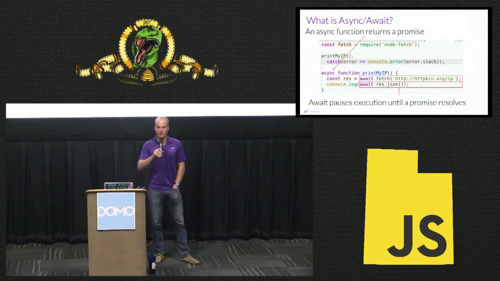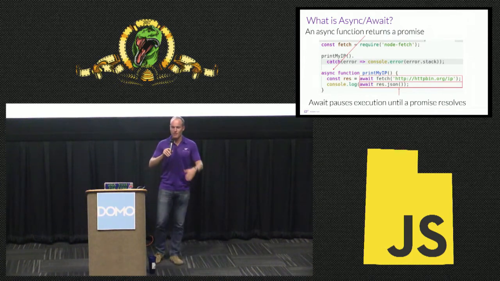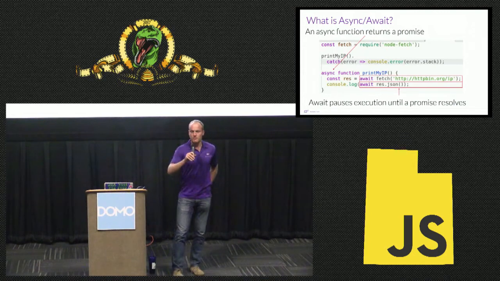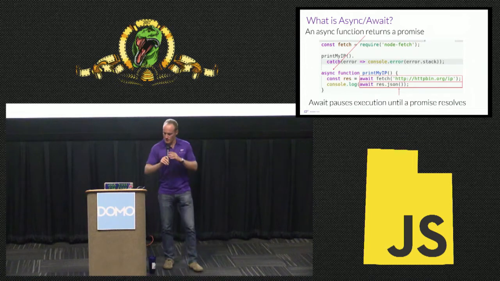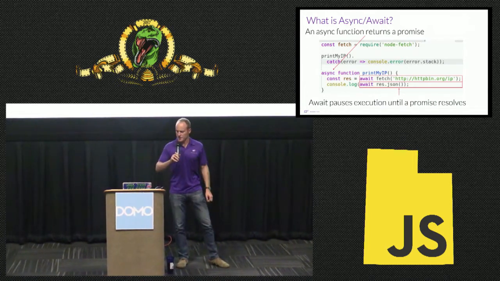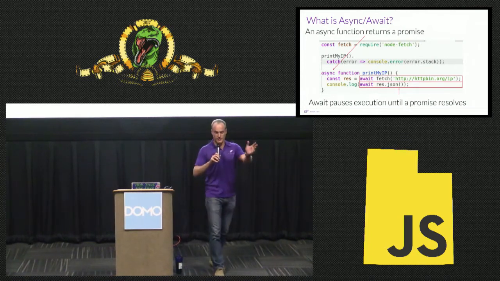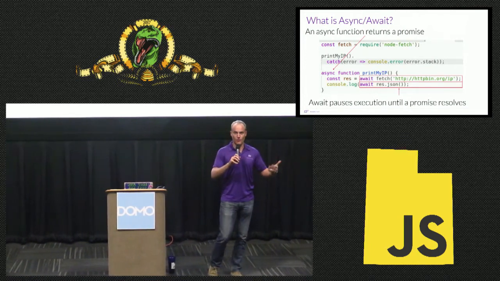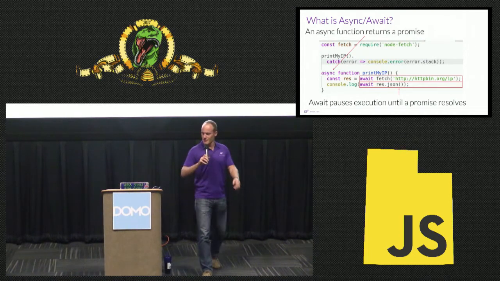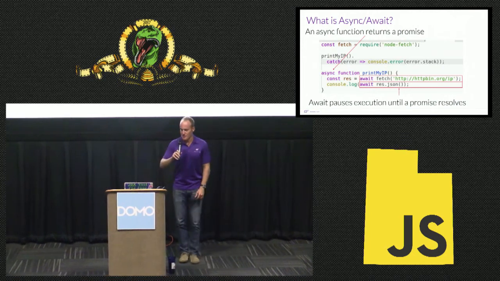Fetch is more popular in the browser than Node, but I figured I would use it for my Node-based presentation in order to be more friendly for the front-end devs out there. So node-fetch is going to make this HTTP request to this URL, httpbin.org/ip, which, if you've never seen it, basically just gives you back a JSON object that shows you your IP address. So this is one way you can get your IP address.